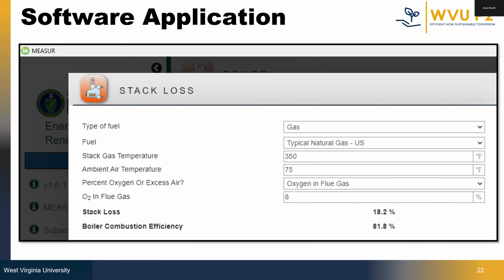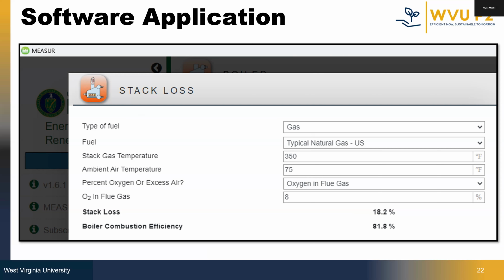So on the other hand, there are also software applications that can help us determine the efficiency of the boiler. The U.S. Department of Energy has a free software called MEASUR, which is designed to help industrial facilities manage their energy use and improve their energy efficiency. And one tool within this software is a stack loss calculator tool.